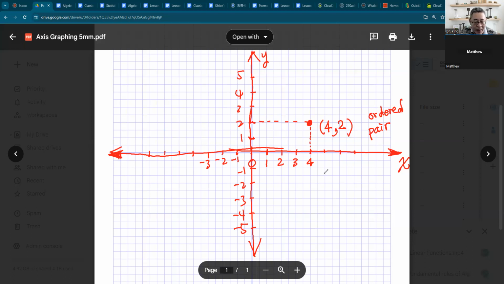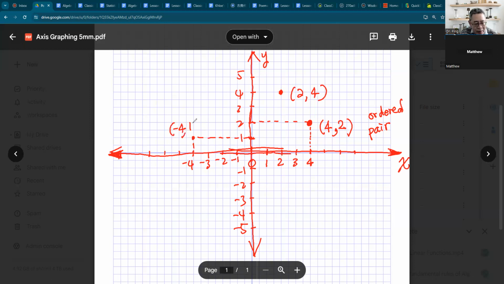Okay, so now if I put a point here, what is the coordinate? (2, 4). Yes, we call (2, 4) an ordered pair. Now, if I have a point here, what's that? (-4, -1)? Well, this side is -4, but if you go on this side, it's actually 1.